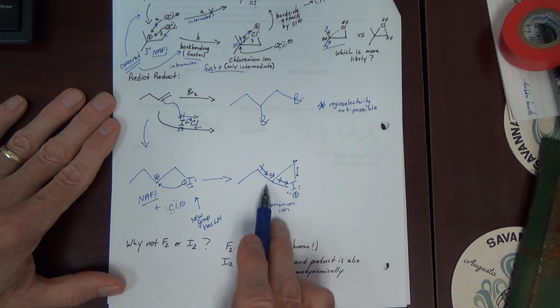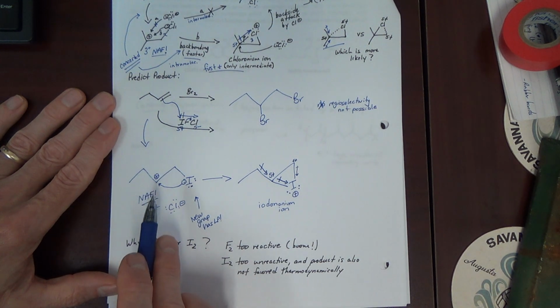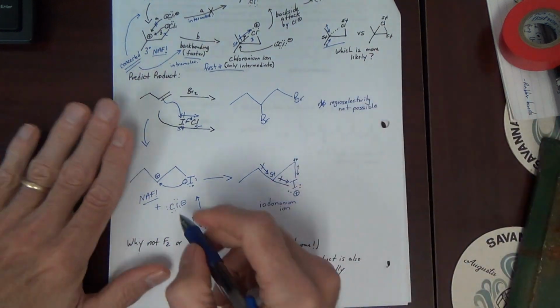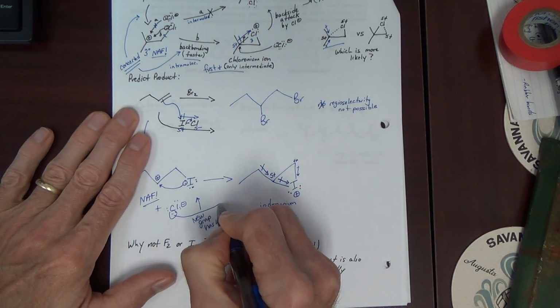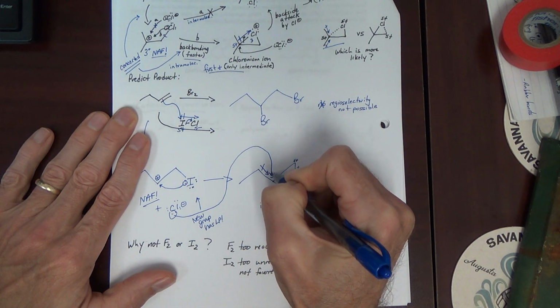Again, we really don't have to think about this because the cation right here tells us where we're going to attack. But instead of attacking a free carbocation, we attack, if I can get in there, that carbon.